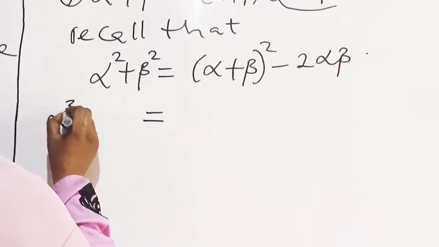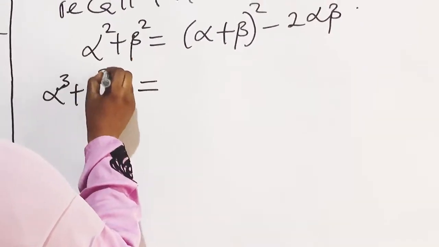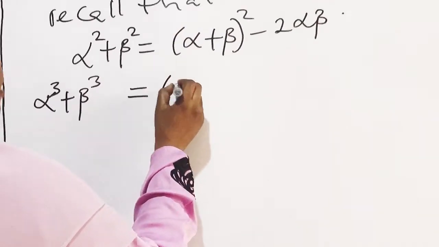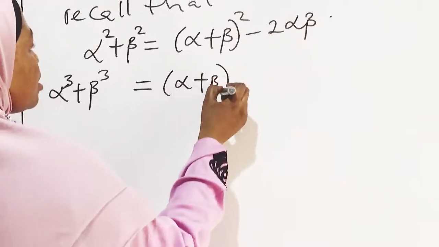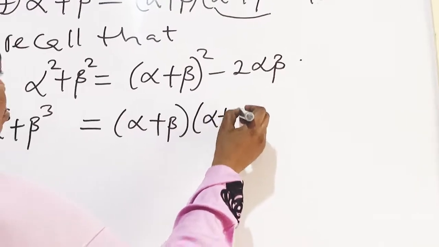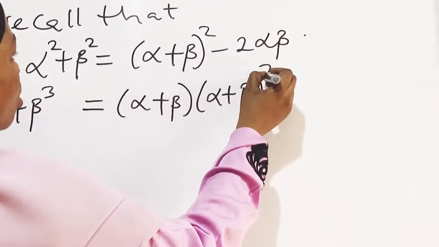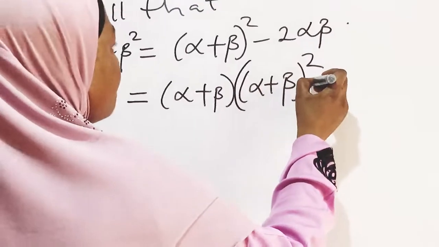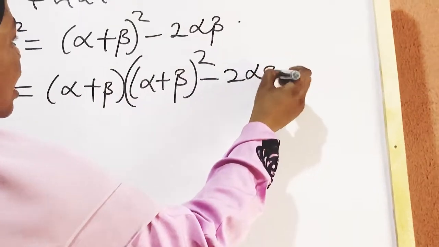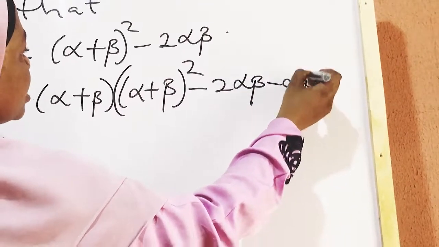Alpha cubed plus beta cubed is equal to alpha plus beta, so alpha plus beta squared, then minus 2 alpha beta minus alpha beta.